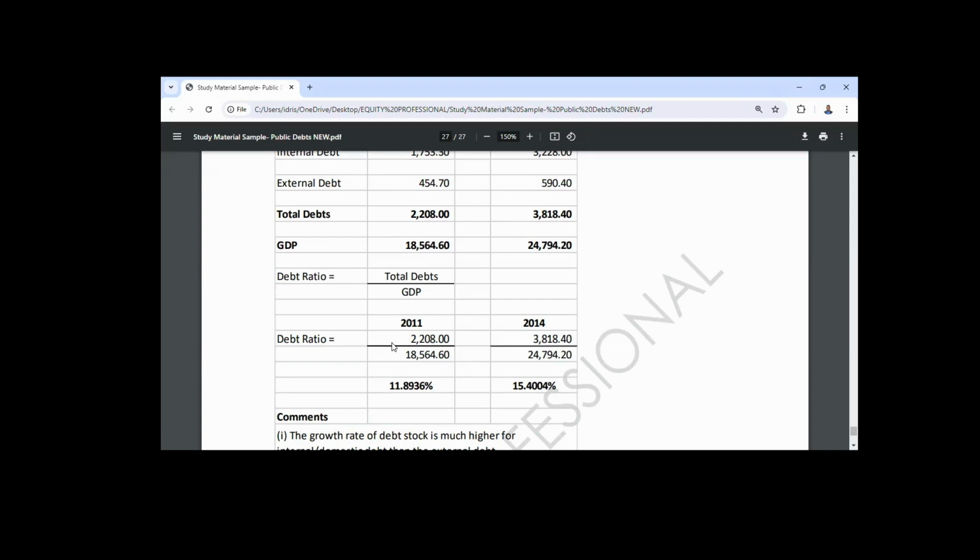So for 2011, our debt ratio is going to be 2208 divided by 18,564.60. By that, you are going to get 11.8936%.